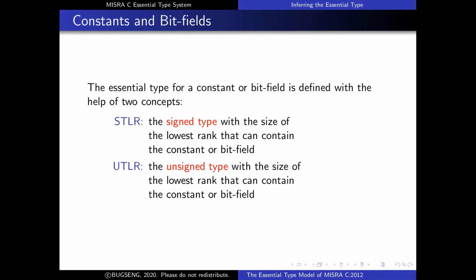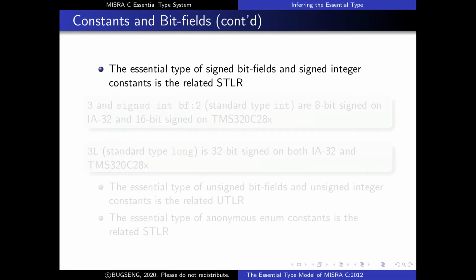Okay, so it's signed with the number of bits of the character type. Okay, UTLR is similar. It's the unsigned type with the size of the lowest rank that can contain the constant or bit field. So we'll see examples immediately.